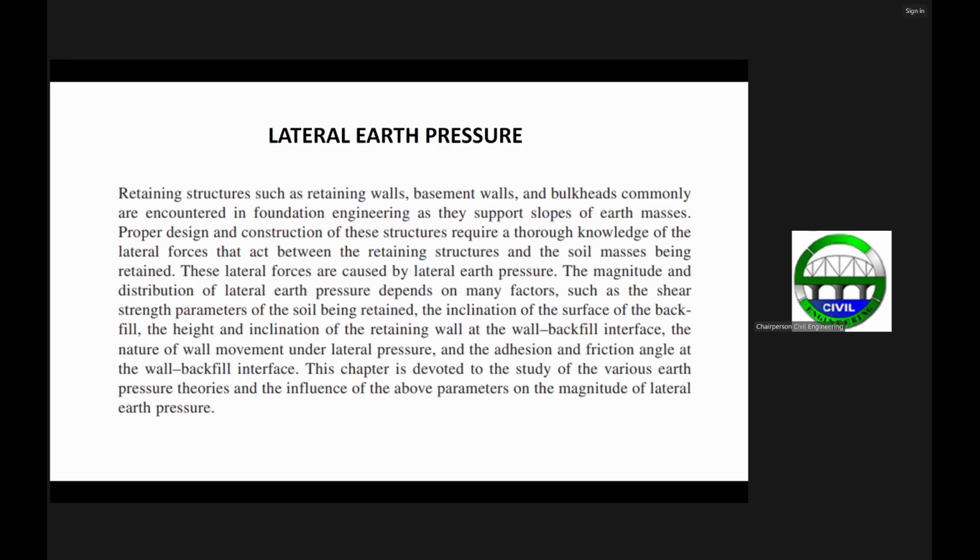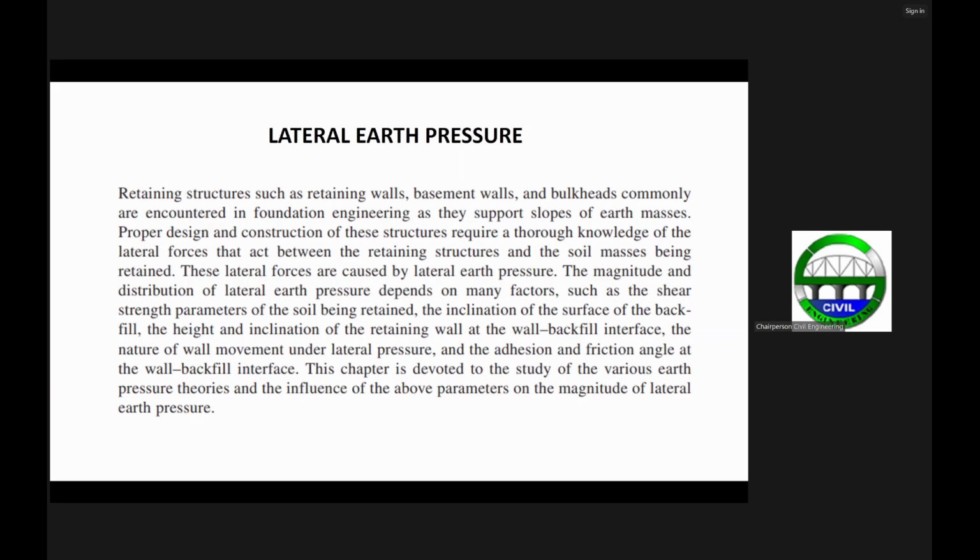The magnitude and distribution of the lateral earth pressure depends on many factors, such as the shear strength parameters of the soil being retained. I think we discussed this last meeting. If you still recall, you have the cohesion and the friction angle.